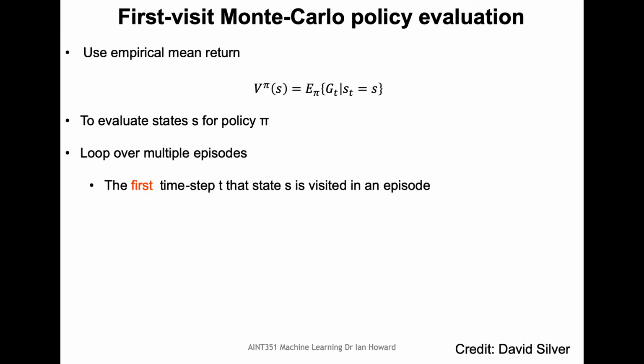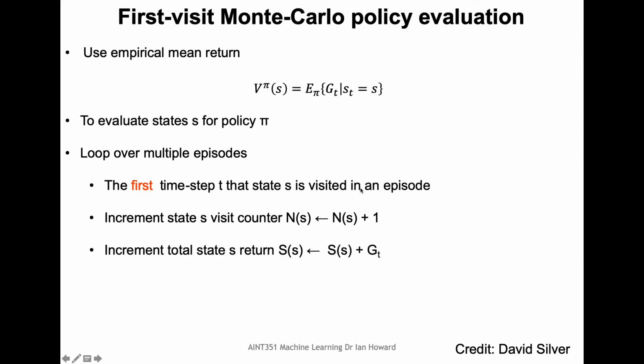So with this first visit approach, we start off in a state, and over different episodes, we just count the number of times we started in that state. So we're just incrementing the visit counter. Then across the different episodes, having started in that state, we add up the total gain that we got across the episodes.